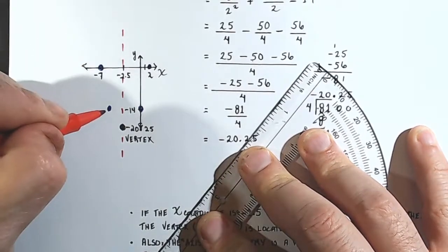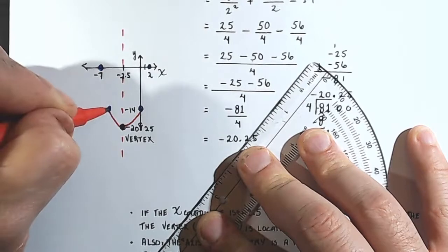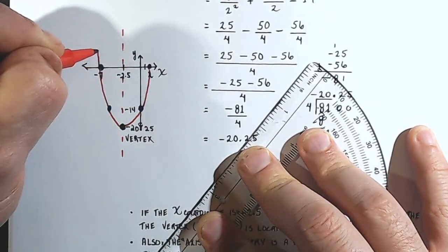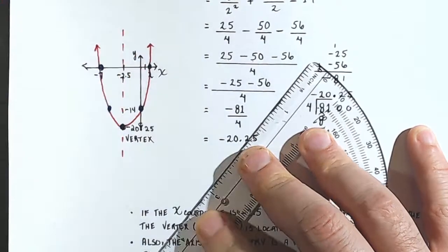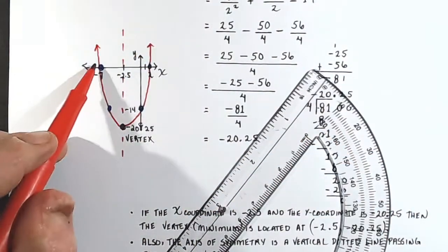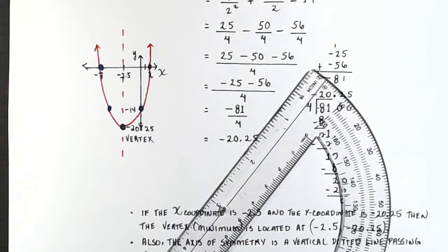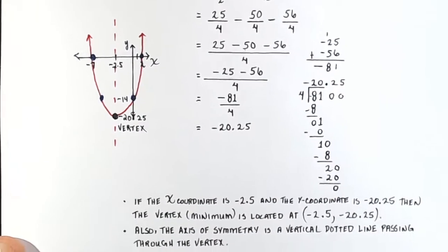And so my quadratic would look something like this. Okay, it's not a perfect picture, but you get the idea. We have all the major points plotted. We have both of our x-intercepts plotted, the y-intercept, and the vertex. Okay, so that's how you find the vertex by hand.